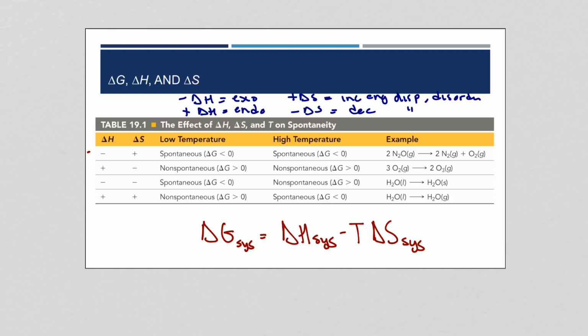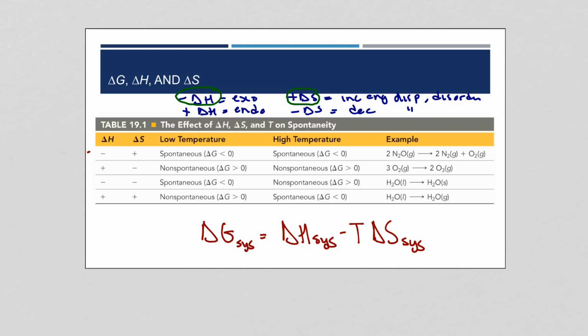And again, it is the positive delta S that's going to favor a spontaneous process. The natural tendency is to increase the energy dispersal. That's what nature strives for. So as we're thinking about this, a negative delta H will favor spontaneity, a positive delta S will favor spontaneity.